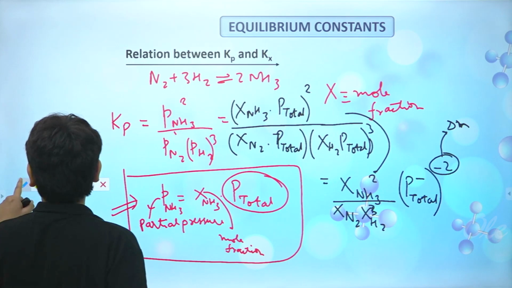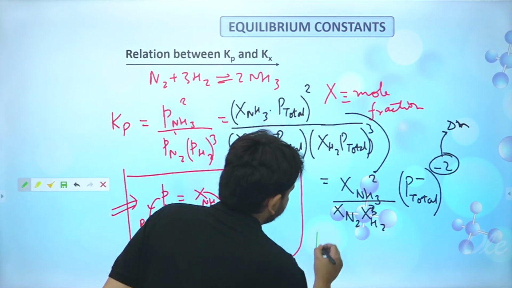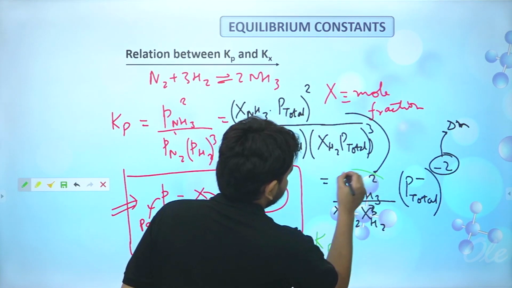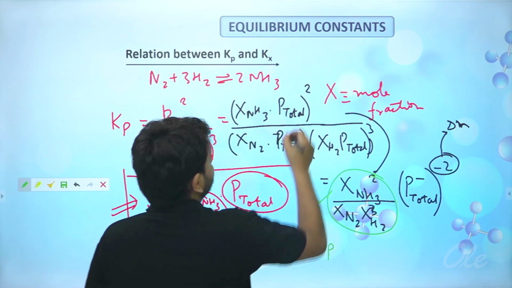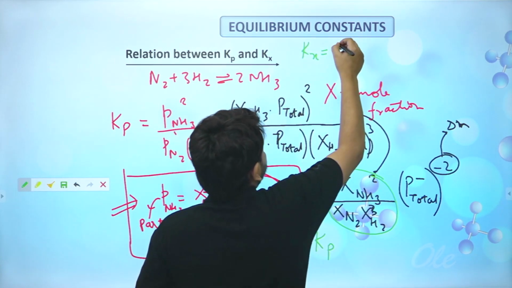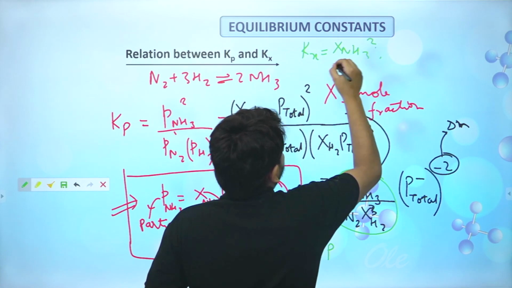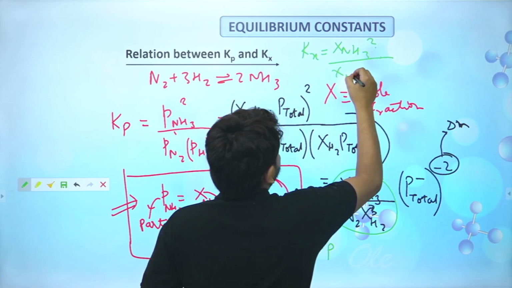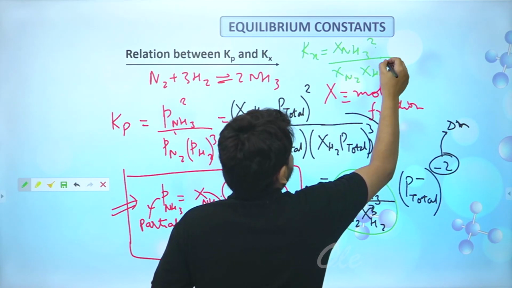So basically, what we have over here is that Kp, this we call Kx. Kx is defined in terms of mole fraction. In this case, it will be X NH3 whole twice over X N2 raised to the power 1 into X H2, the mole fraction of H2, raised to the power 3.